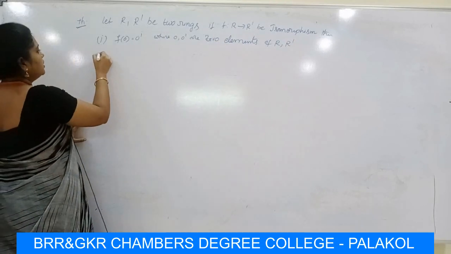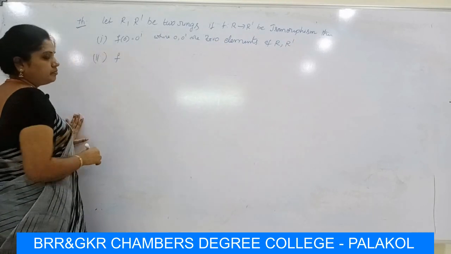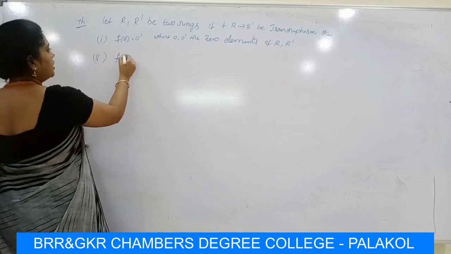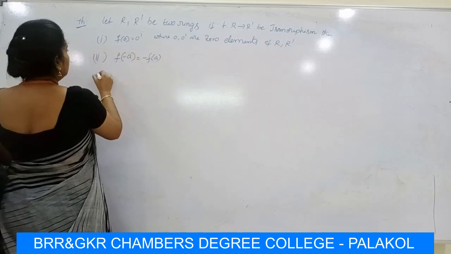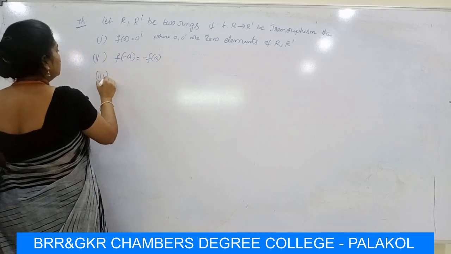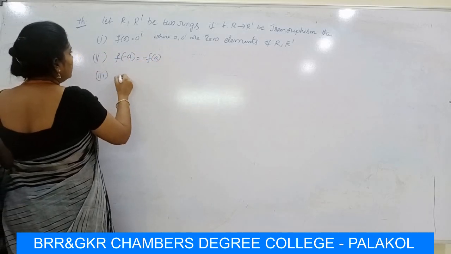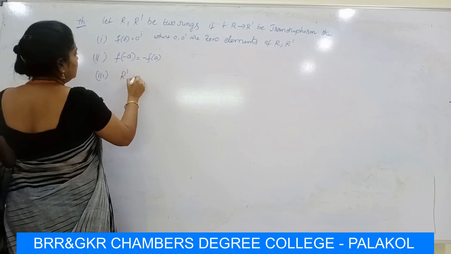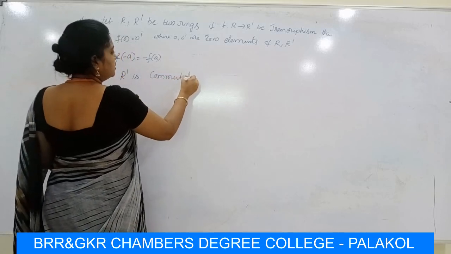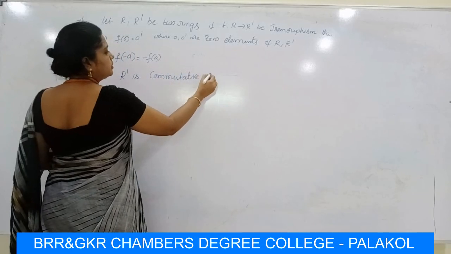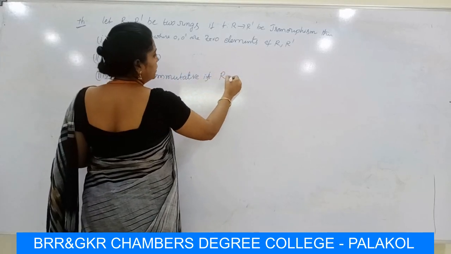And the second condition is that f of minus a is equal to minus f of a. Third one, R dash is commutative if R is commutative.